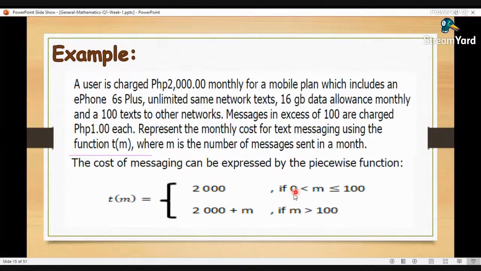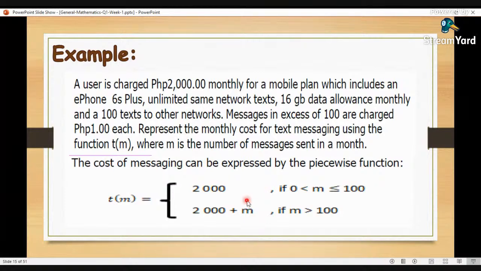That's why from 0 to M, whatever the value of M is, for messages equal to 100. But if M becomes greater than 100, and it is stated that per message the user will be charged 1 peso.